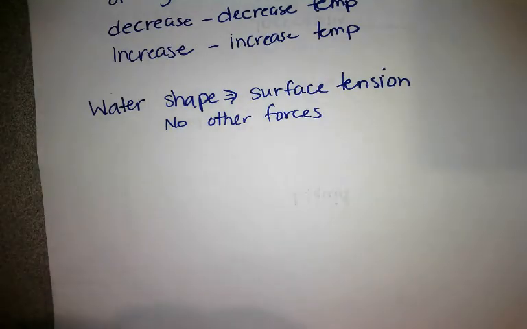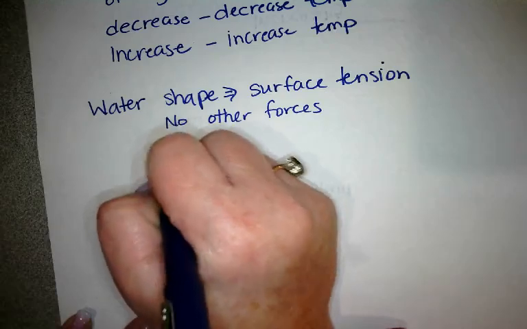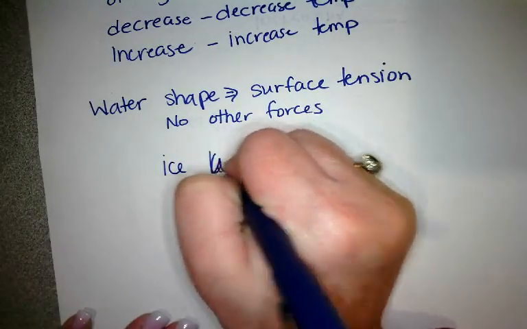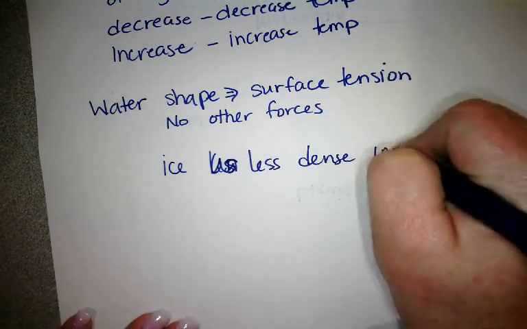So if we're talking about ice being less dense than water, then that could be where we have the icebergs that float.